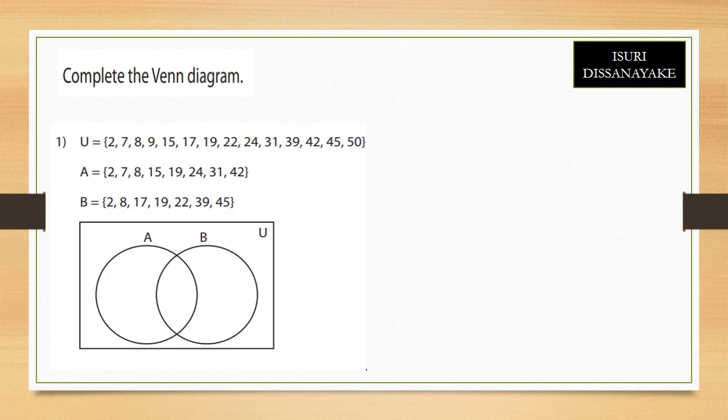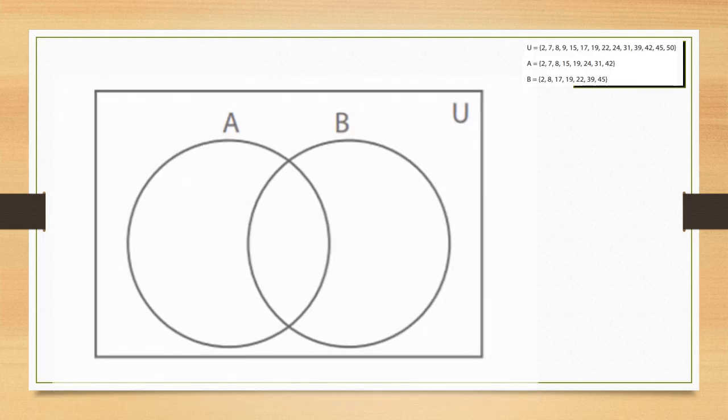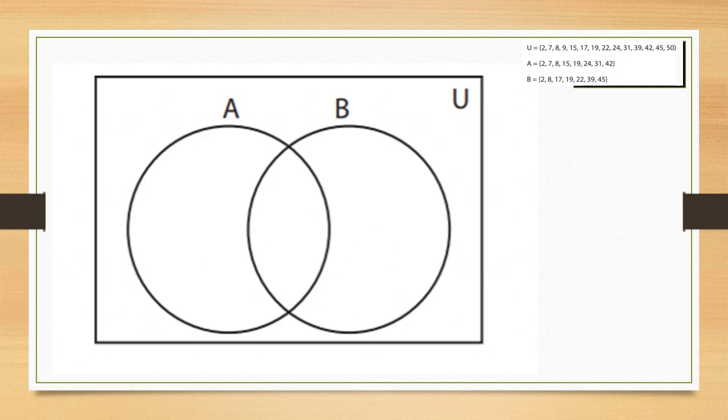First thing is, you have to fill the common elements. So here I am going to start the question. This is the Venn diagram and I am going to input 2, 8 and 19. So you can see 2, 8 and 19 are the common elements for A and B. Then I am going to start filling the elements of A only.